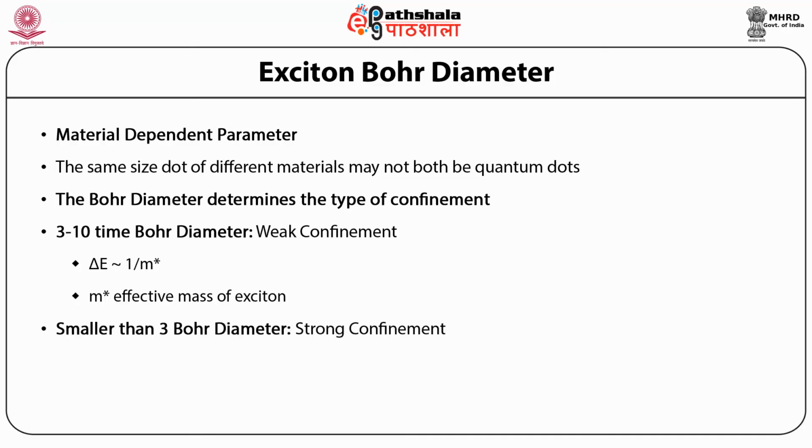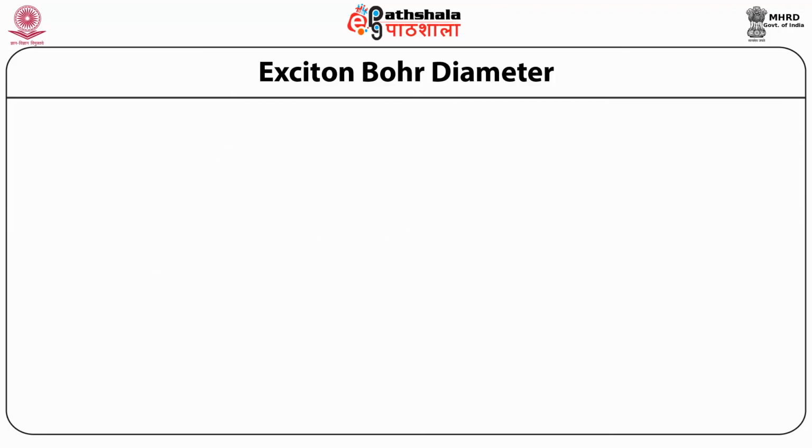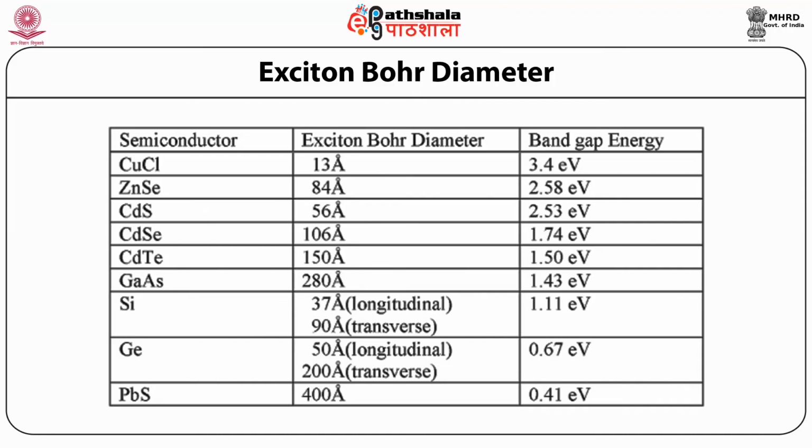Smaller than 3 Bohr diameter, we have strong confinement, where delta E is approximately 1 by mu star, where mu star is the effective mass of the hole and electron. This table describes the exciton Bohr diameter for various semiconductors, and correspondingly the band gap energy.